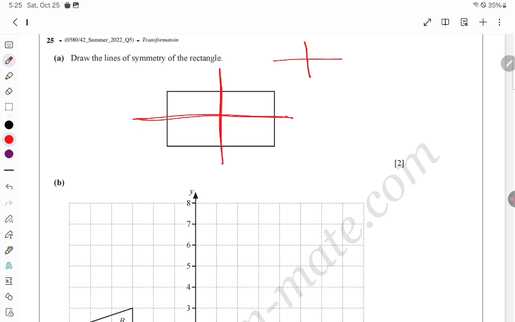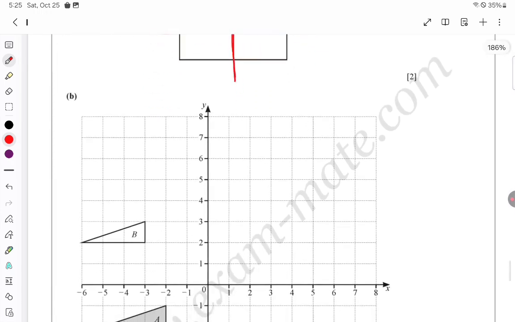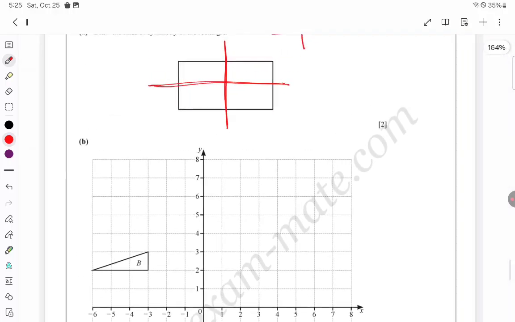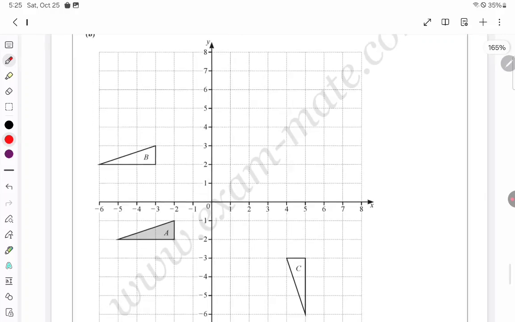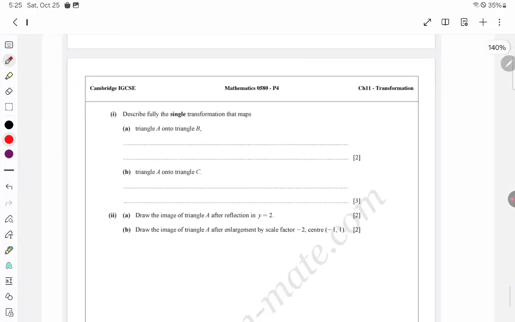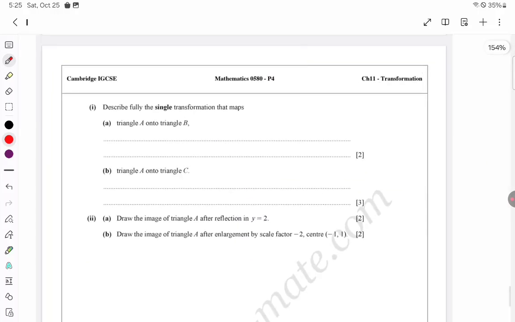So these two straight lines represent the symmetry of the rectangle, since this line is parallel to these sides and the vertical line is parallel to the other two sides.